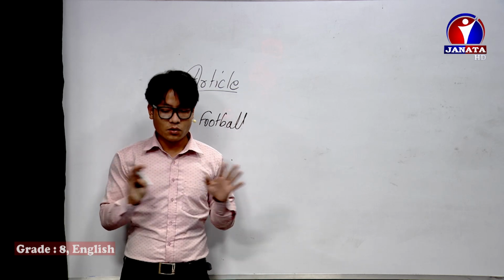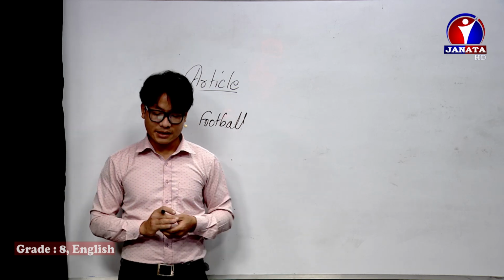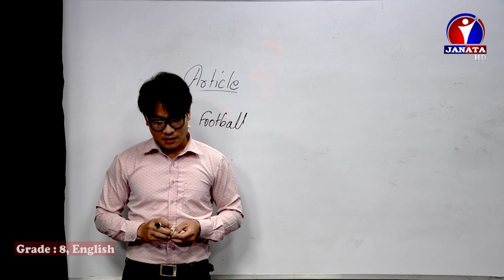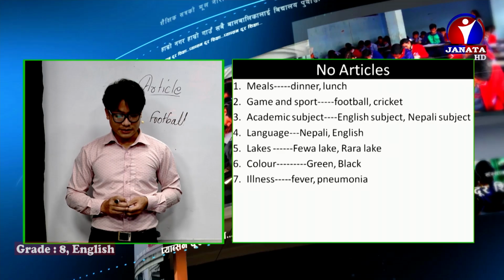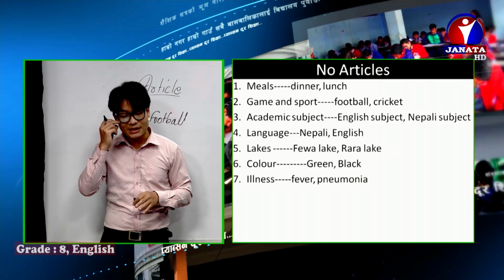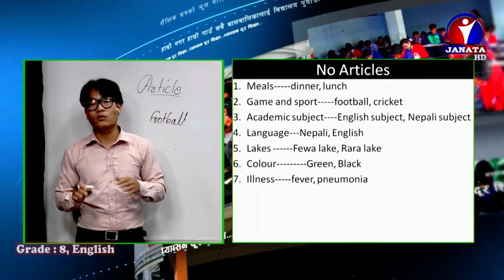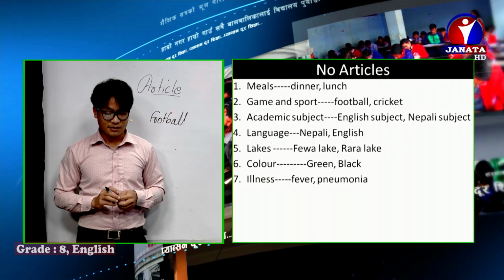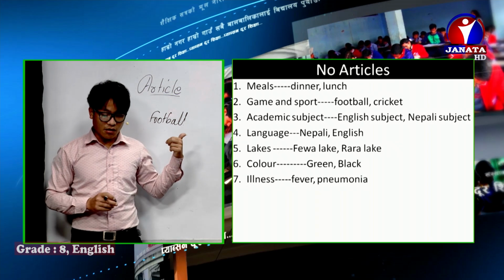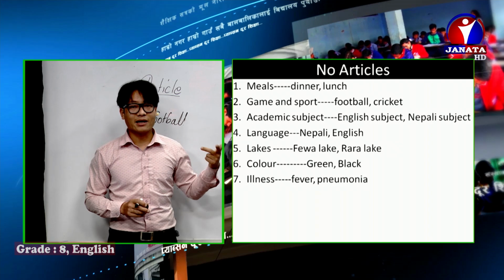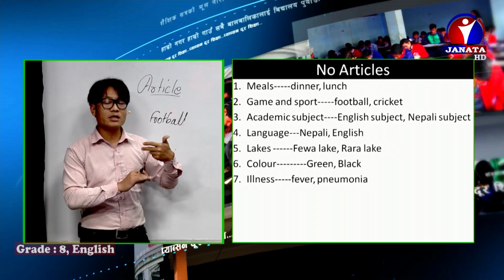With these nouns we do not take any article. Lakes: the name of a lake, we do not use an article, like Fewa Lake, Rara Lake, Gosainkunda Lake. Next is color: green, black, white. With these colors, we do not use any article.